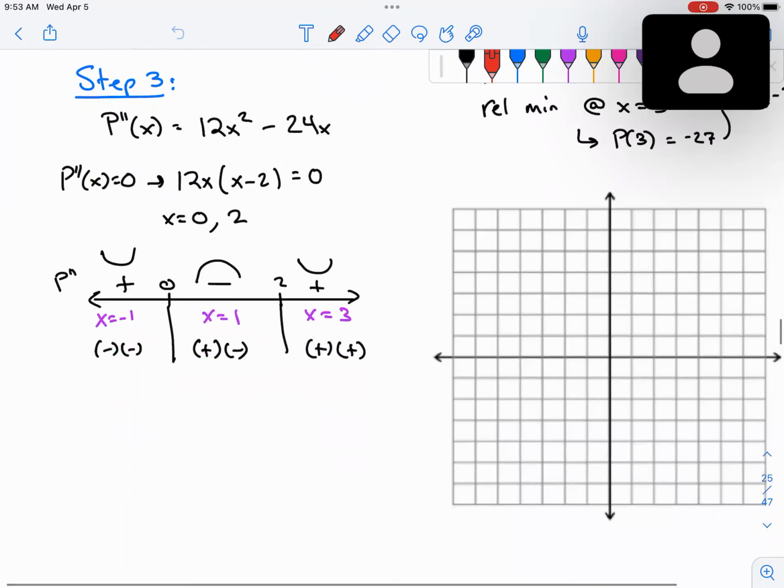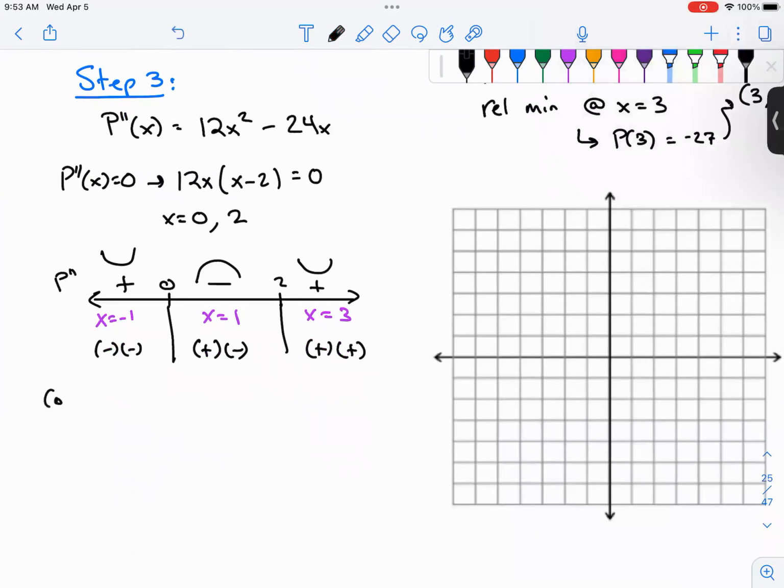So it is concave up between negative infinity and 0, and then from 2 to positive infinity, and is concave down from 0 to 2. And then we had inflection points at both 0 and 2. Because this is a polynomial, it's defined everywhere.